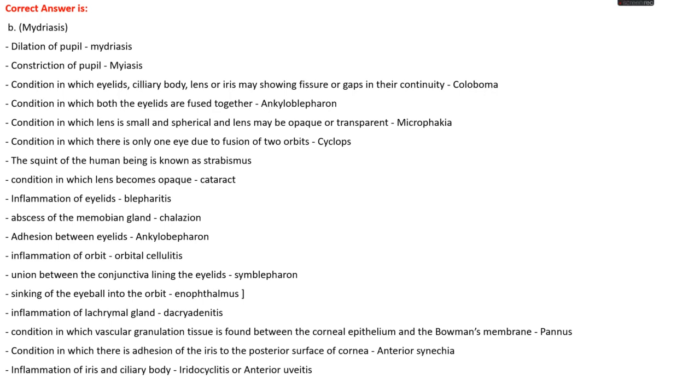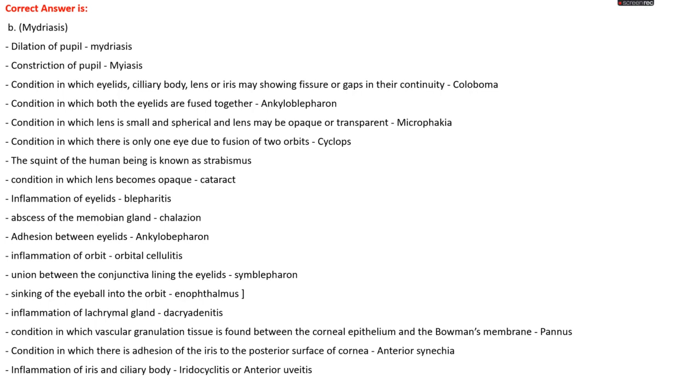Inflammation of the lacrimal gland is known as dacryoadenitis. A condition in which vascular granulation tissue is found between the corneal epithelium and Bowman's membrane is known as pannus. Anterior synechia is a condition in which there is adhesion of the iris to the posterior surface of the cornea. Inflammation of the iris and ciliary body is known as iridocyclitis or anterior uveitis.